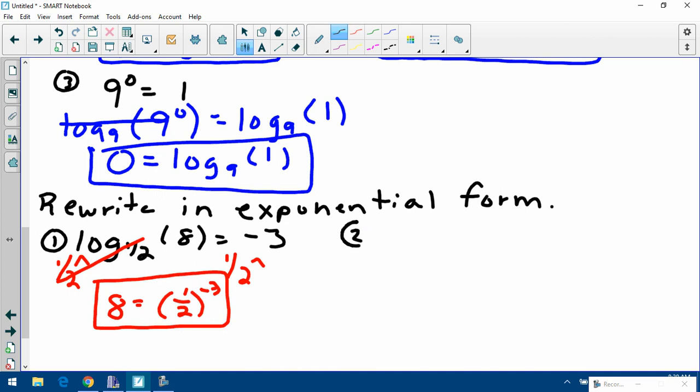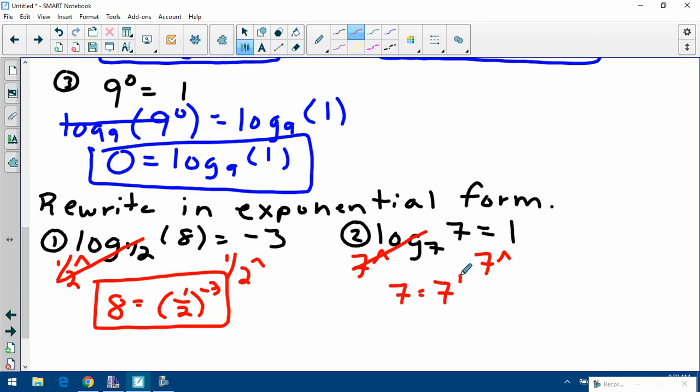Number 2, log base 7 of 7 equals 1. What would I exponentiate by? 7. So exponentiate both sides by 7. They cancel. I have 7 equals 7 to the 1st. That's obviously a true statement. And last one like this.